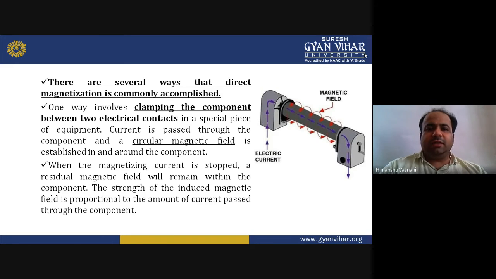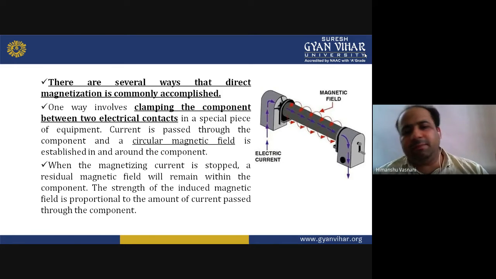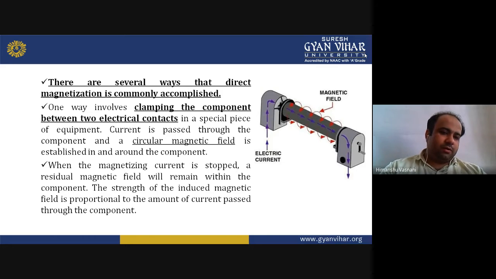So what it has done is clamp the component between two electrical contacts in a special piece of equipment. Current is passed through the component and a circular magnetic field is established in and around the component.